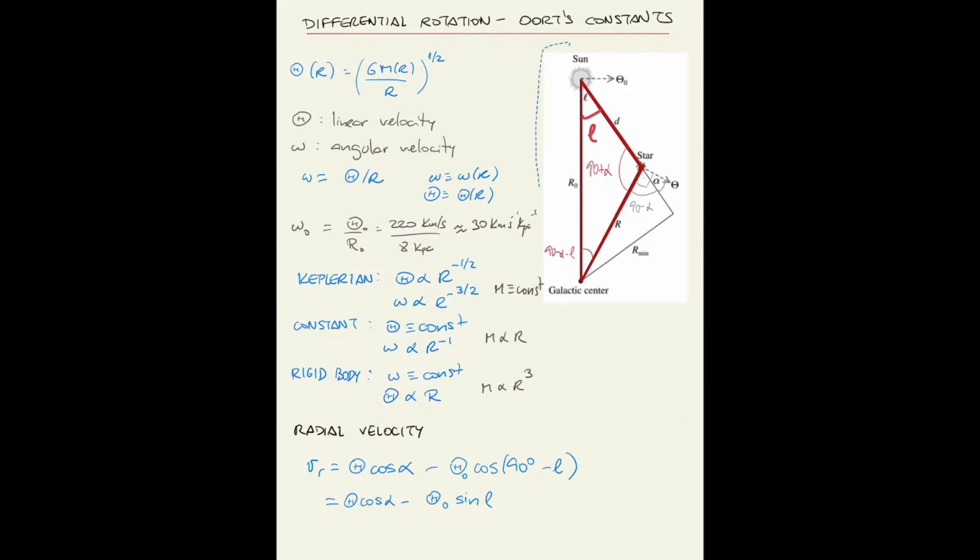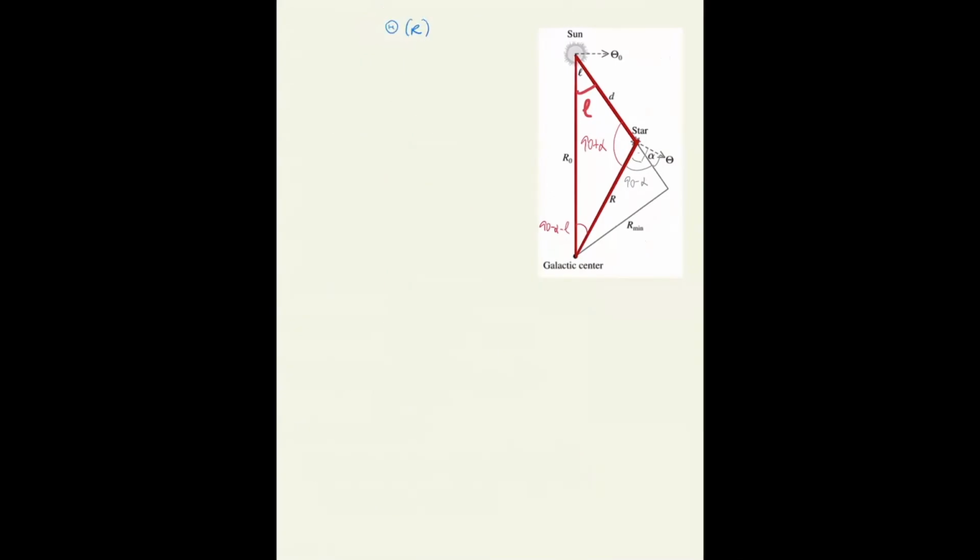Let's copy this to the next page. Again, what we are calculating is capital Theta as a function of distance, and we must find a way to eliminate alpha from this equation since we cannot measure it. Everything else we can measure. We can measure the radial velocity, we can measure Theta naught, we can measure L, but we cannot measure alpha or Theta, so we must eliminate alpha.